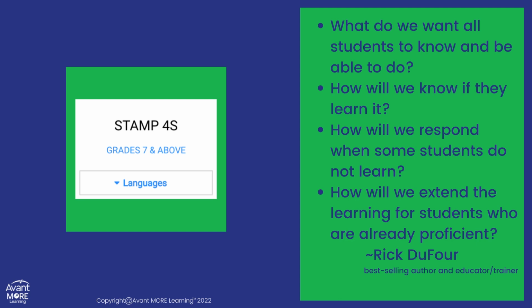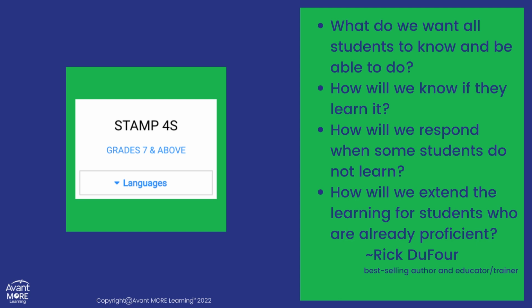You might recognize the 4 questions on the screen by Rick Dufour, who is a best-selling author and educator and trainer. These are 4 questions that I know in my school district we really tried to adhere to as we were planning for instruction and setting targets and goals for student outcomes.